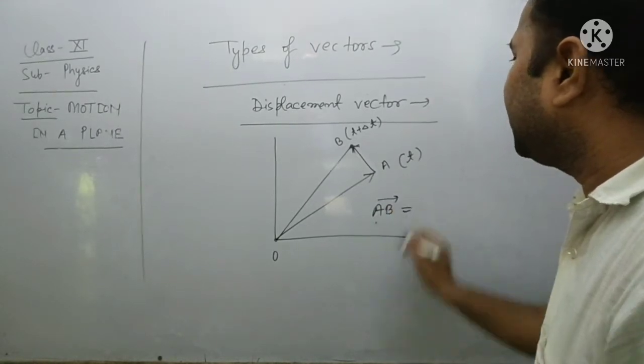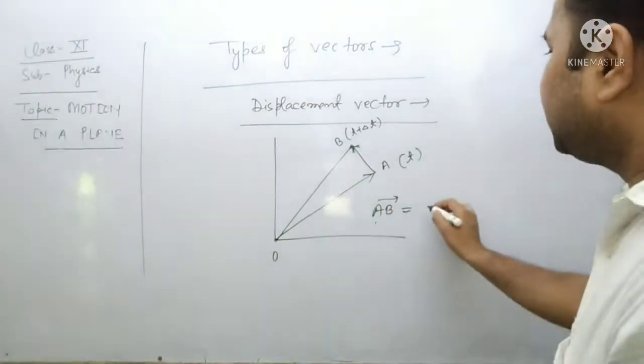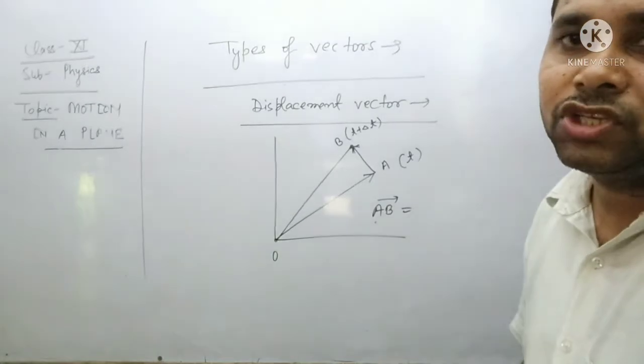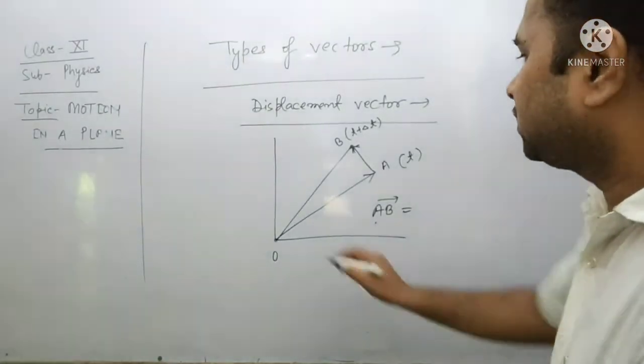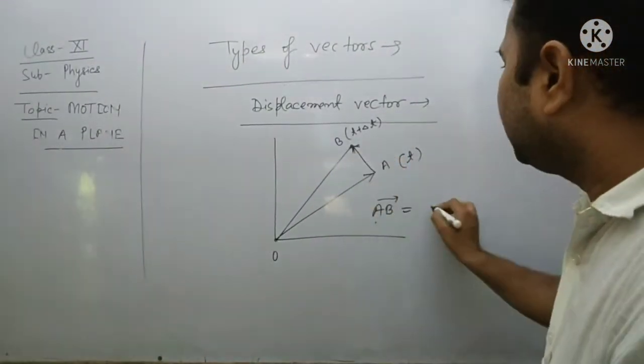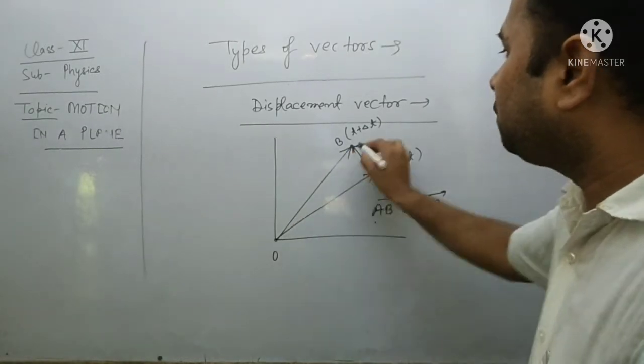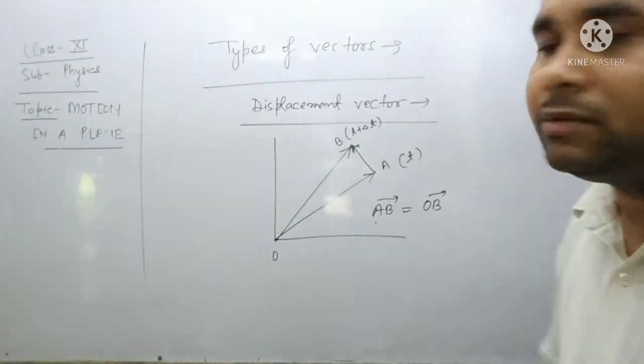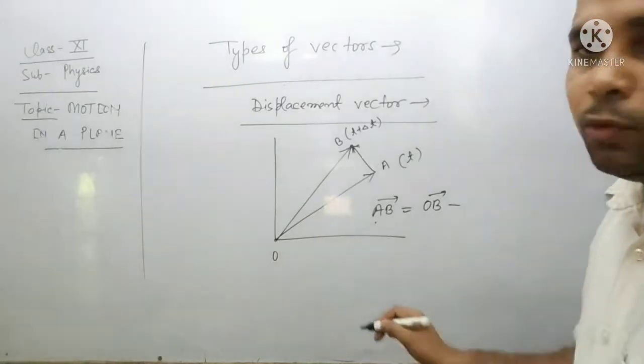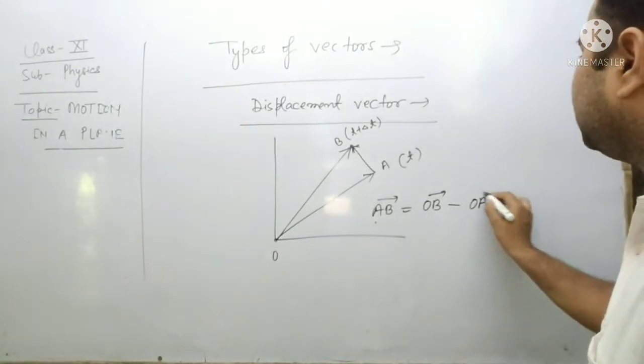Displacement vector is AB. It is equal to final position minus initial position vectors. Final position vector is the OB vector, minus the initial position vector, the OA vector.